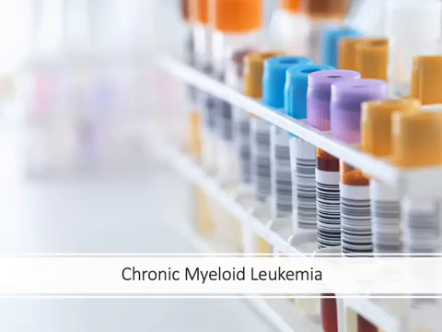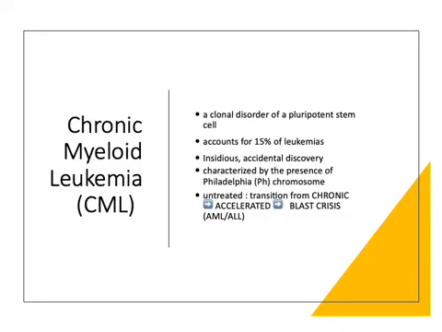The chronic leukemias are distinguished from acute leukemias by their slower progression and can be broadly subdivided into myeloid and lymphoid groups. CML is a clonal disorder of a hematopoietic stem cell.